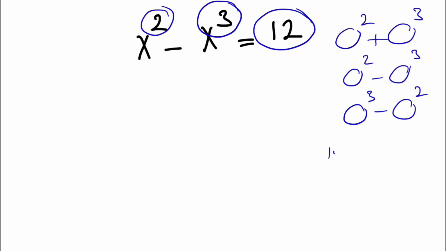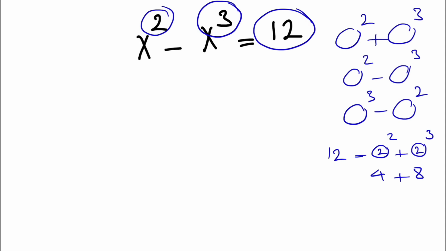12 is one of them, which can be written as something to the power of 2 plus something to the power of 3, and we can see that 12 is 4 plus 8, so 2 squared plus 2 cubed gives that 12 to us.